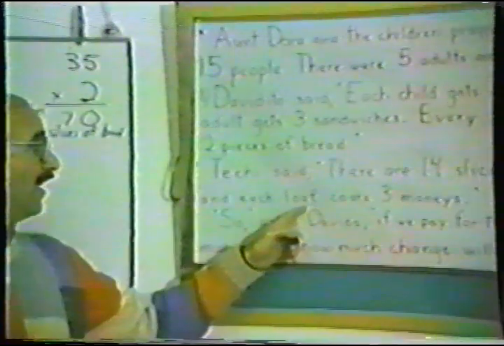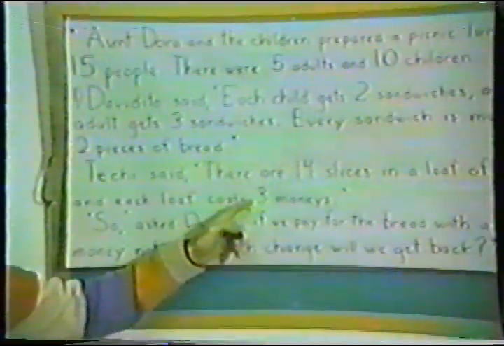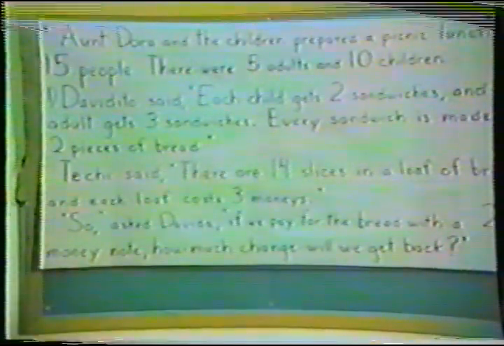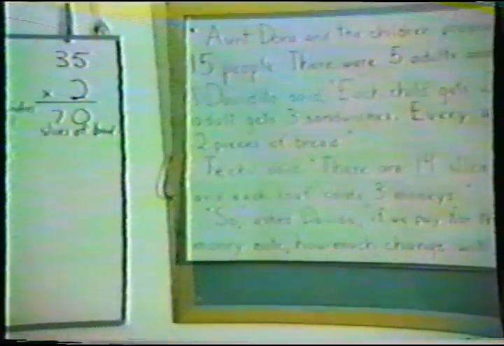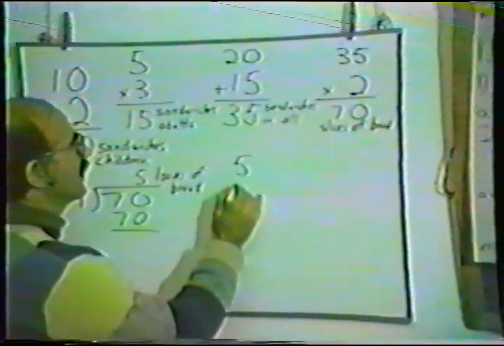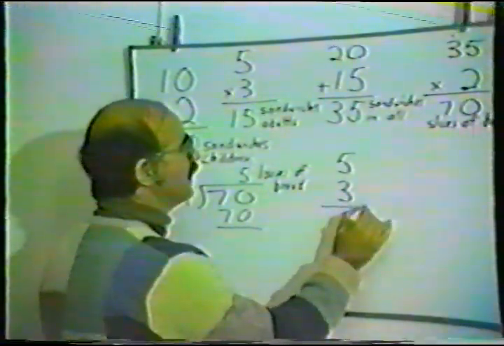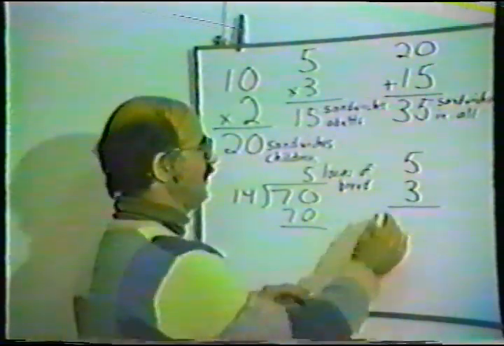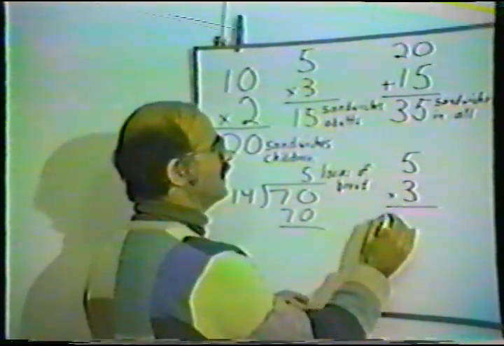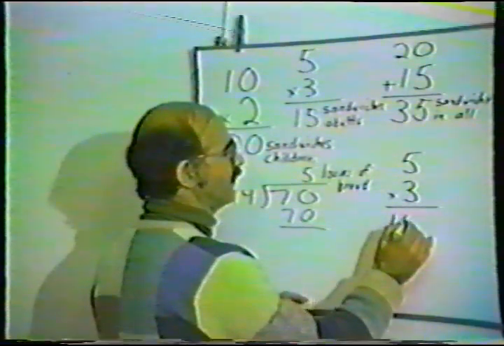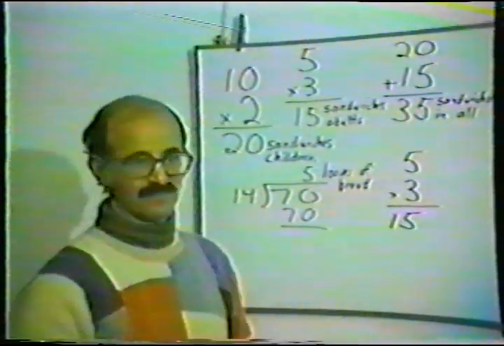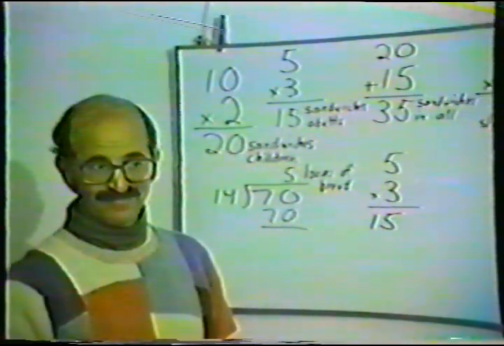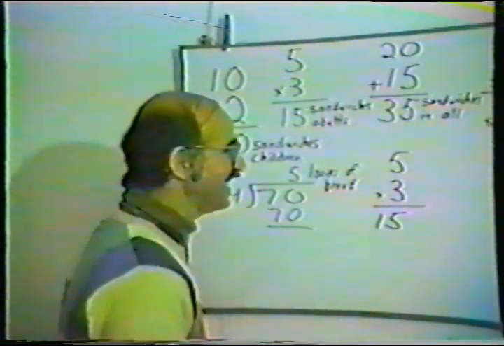Each loaf costs 3 monies. 5 loaves, 3 monies. And what do we do with those two numbers? Multiply. 5 times 3 is 15. 15 what? 15 monies.